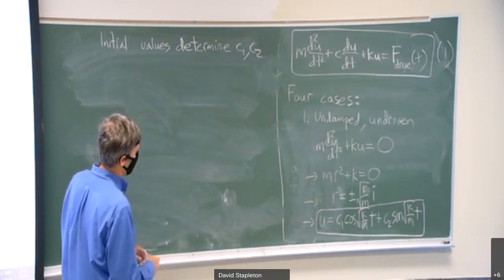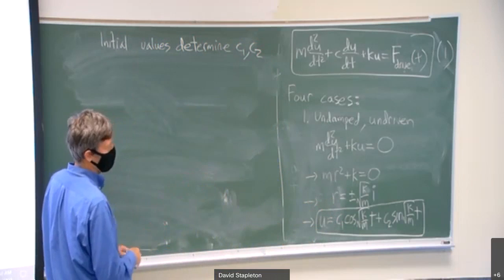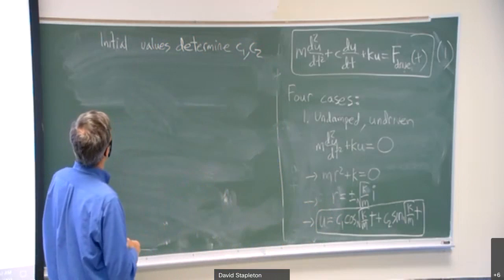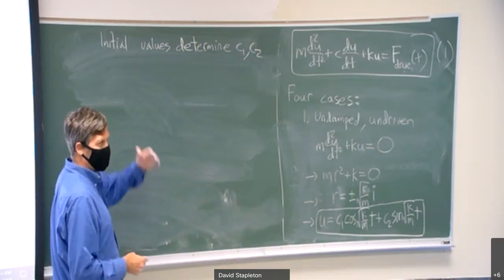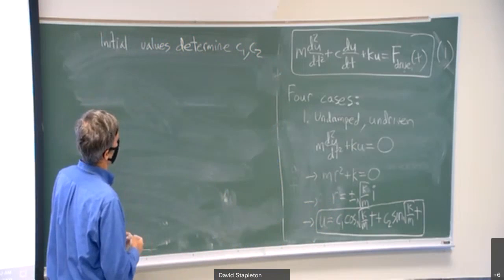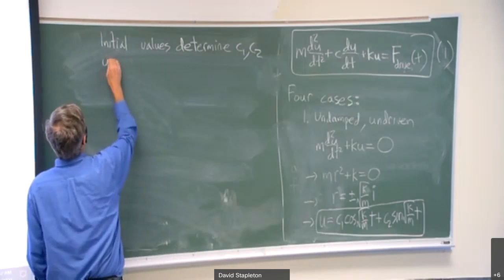And this will give you a unique solution, because cosine and sine are independent functions. It leads to independent linear equations always. All right. Some of that is over your head if you didn't take linear algebra. It's okay. It just always determines a unique solution.